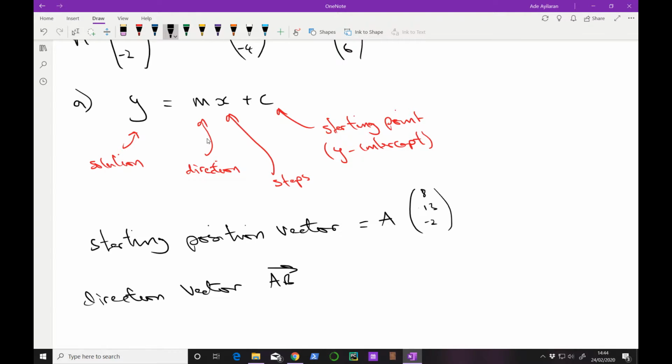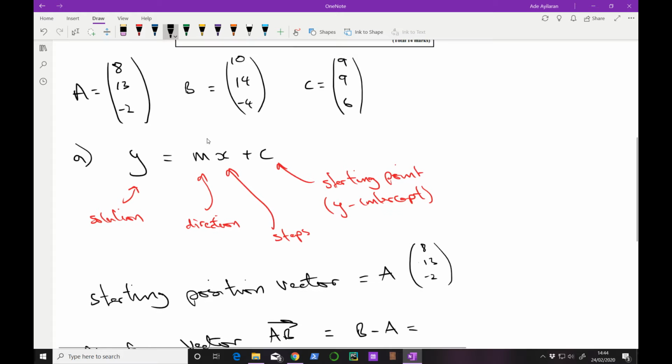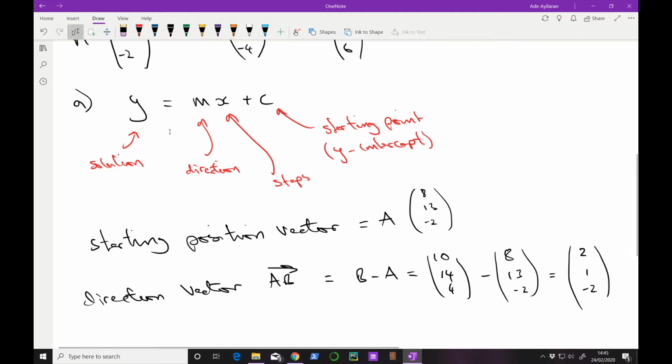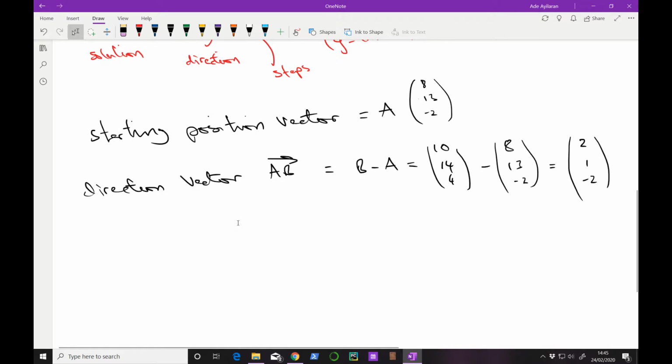I travel from A to B, and that simply is B minus A, which as an expression is going to be (10, 14, -4) minus (8, 13, -2). And that's going to give me a direction vector of (2, 1, -2). And we have all we need.